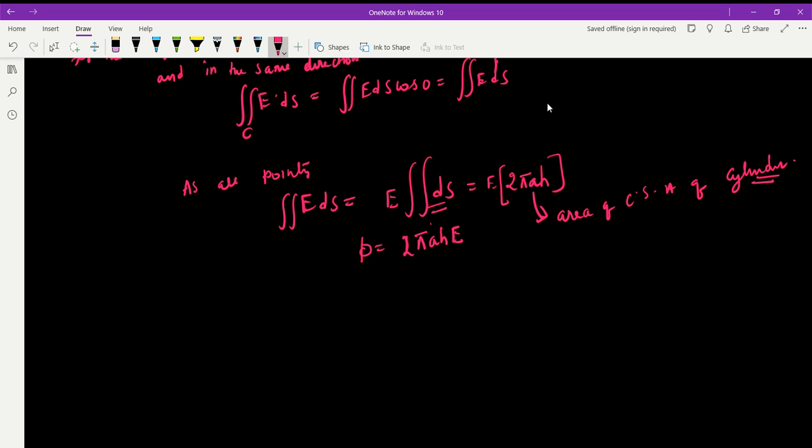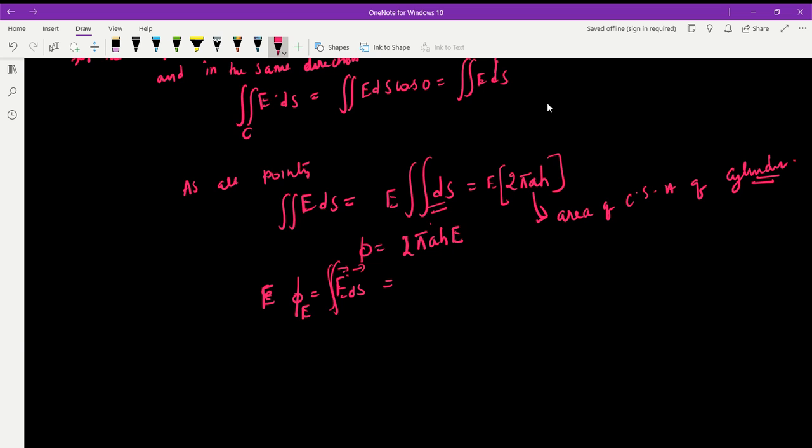Now, according to Gauss law, the electric flux of a closed surface is phi E is equal to the double integral of E dot ds.